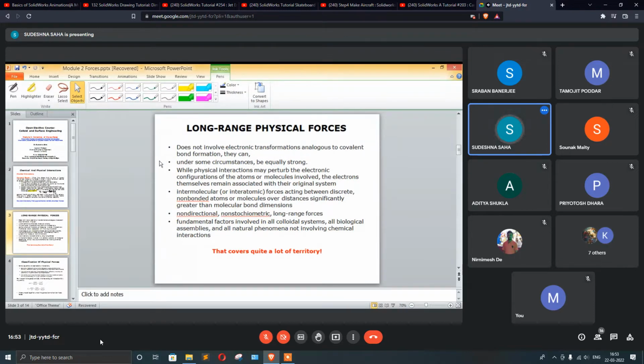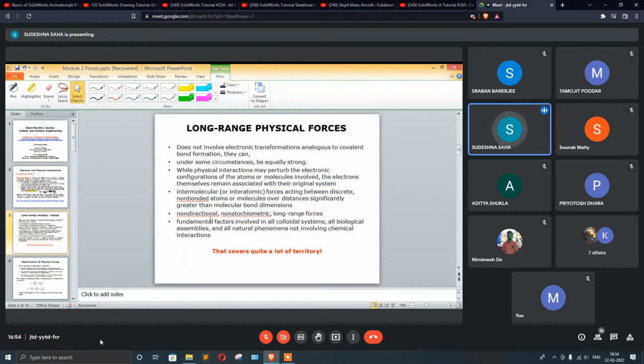Whenever we are talking about the chemical forces, their range of action is very, very limited. As I mentioned earlier, it is around 1 to 2 angstrom, while the physical forces are mostly long range.